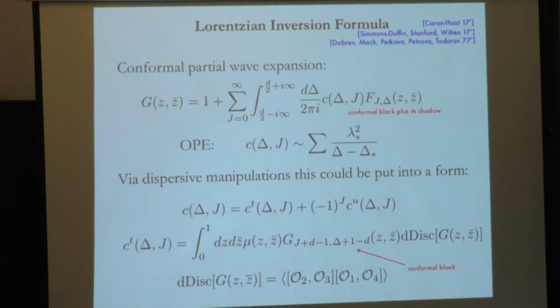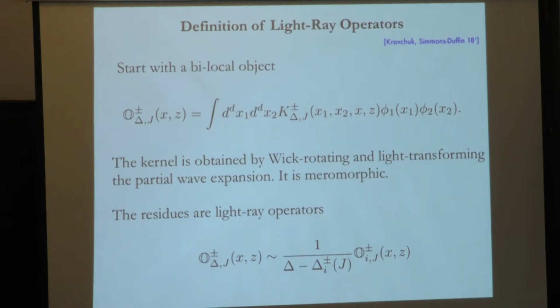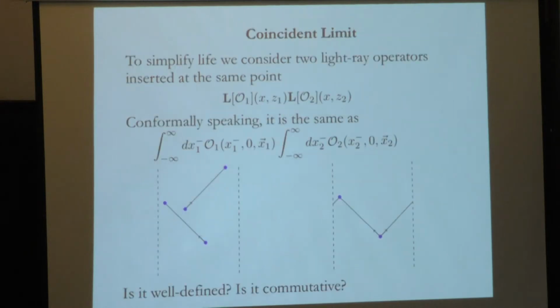And then by the same argument, you started with something meromorphic, so this object is meromorphic in delta, I, j, and the light ray operator is defined as a residue of this transform. So it's defined indirectly, not in terms of fields. You start with the local operators, you apply the kernel, and then you zoom in on the residue.